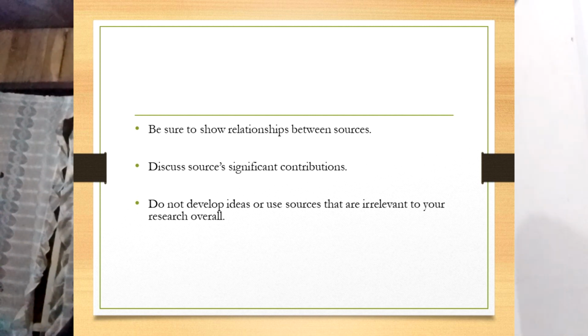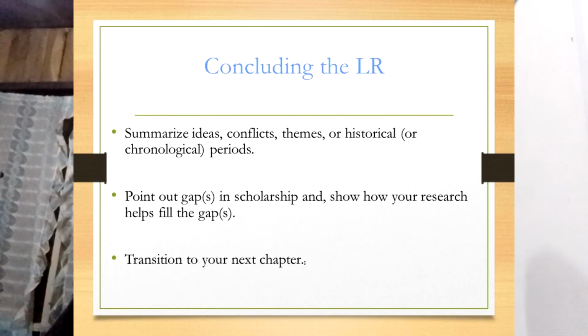Next is do not develop ideas or use sources that are irrelevant to your research. So it's understandable, right? Why would we include ideas that are not related to our lit review? Next is concluding the lit review.